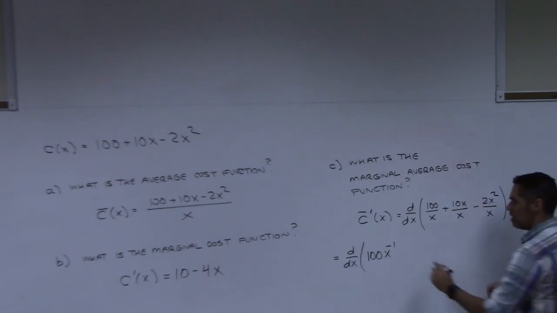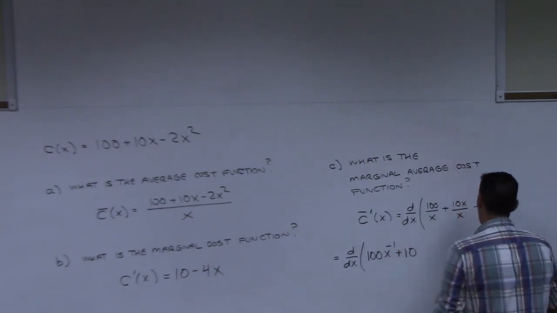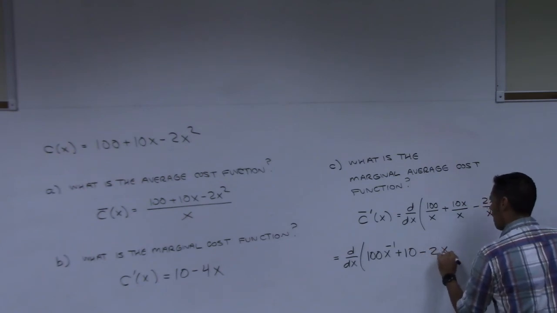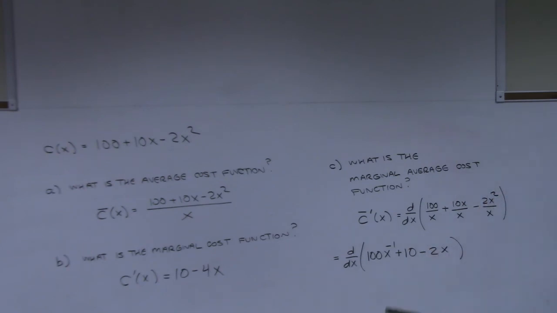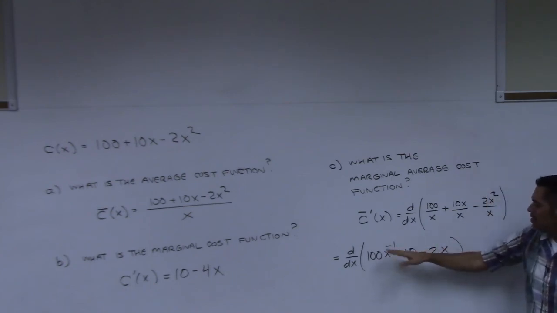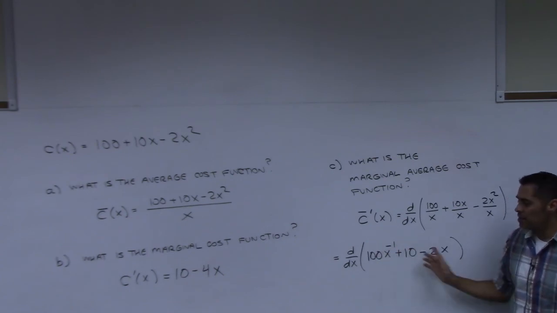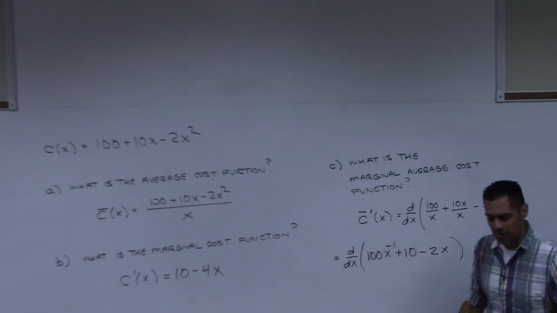Cancels out the x's, and I just have plus 10. And then over here, what happens? One of the x's cancels, so I'm just minus 2x. And now I would like to take the derivative of this. I can handle this now because I've got 3 separate pieces. I don't have fractions anymore. Everything's written out nice and clean, powers of x, so I can use my power rule from last class.